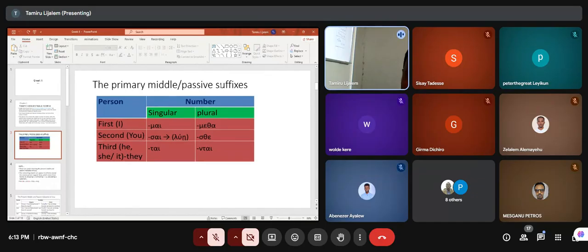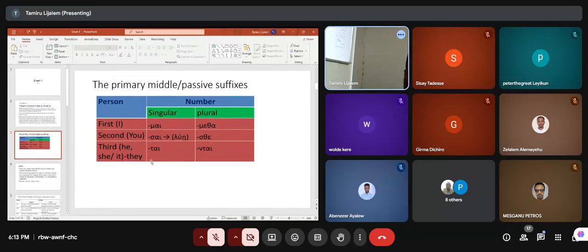To describe this, Greek uses metha: mu, epsilon, theta, alpha. The pronunciation is metha. The second person singular is sai. We'll discuss this one. And the plural one is sthe.